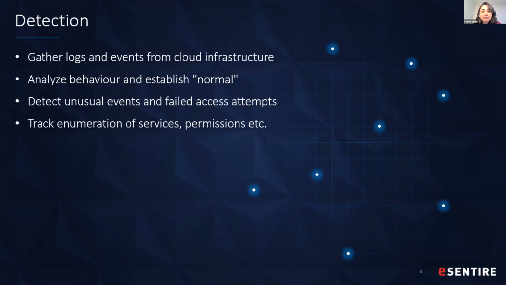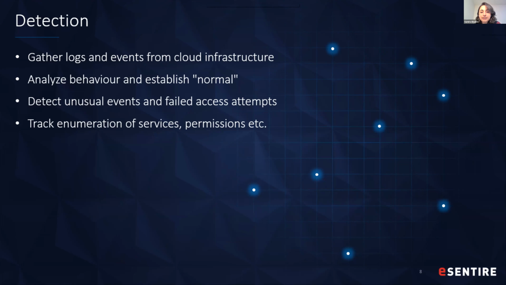So, what could be done to detect these enumerations? One of the most appropriate attack detection and identification techniques in cloud infrastructure is based on log analysis. In the detection phase, we need to collect logs and events from a cloud environment.